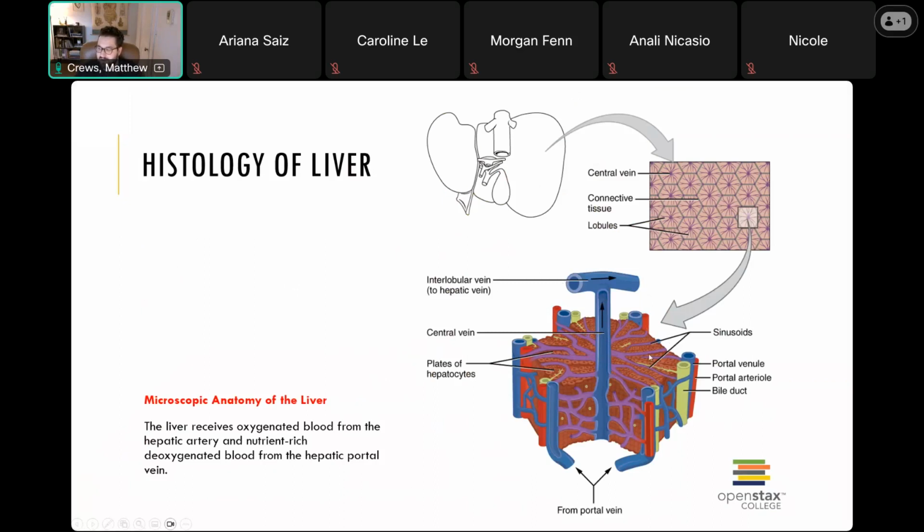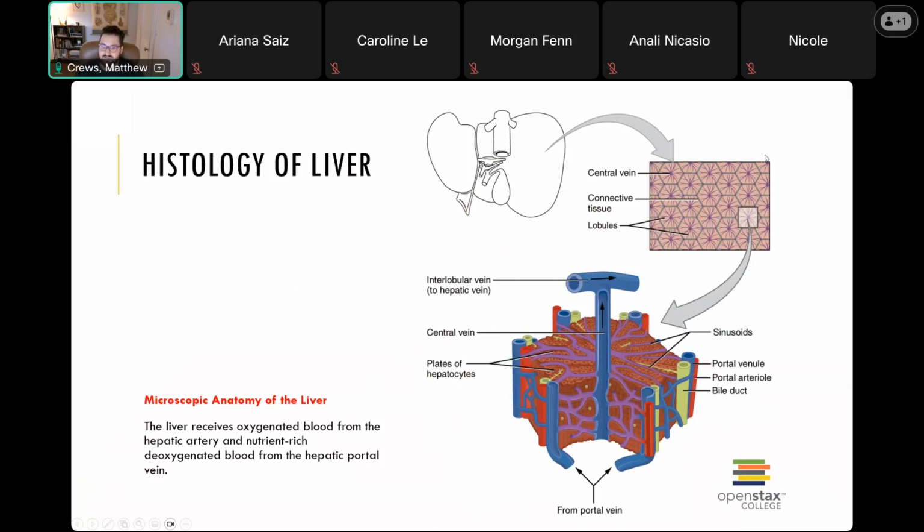Small sinusoids, right? And then you've got the bile ducts that are running through, and then you've got portal venules, portal arterioles, and you've also got hepatocytes that are filtered throughout. So all of this looks very complicated, but this is really what it looks like.